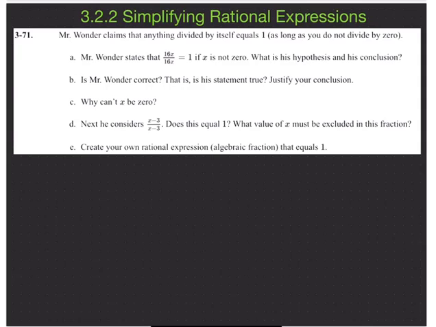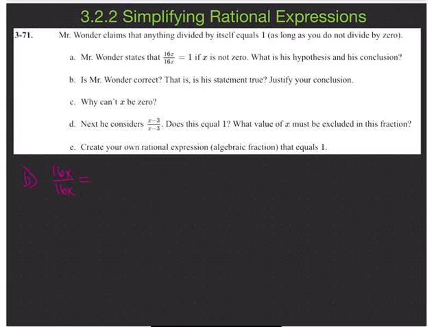So B wants to know if he is correct. He wants to know if his statement is true and to justify your conclusion. So for B, we have 16x over 16x. Making it the long way, I think maybe by now we realize this is 1, but I'm going to break it apart a little bit for lesson reasons.